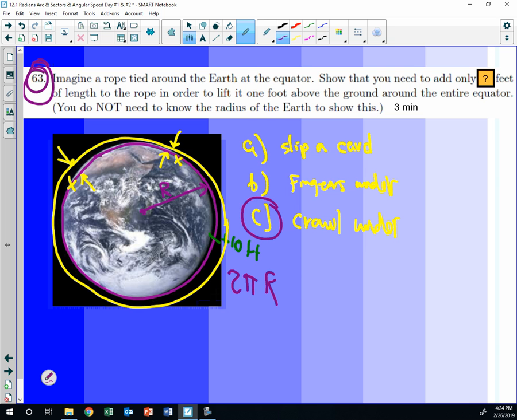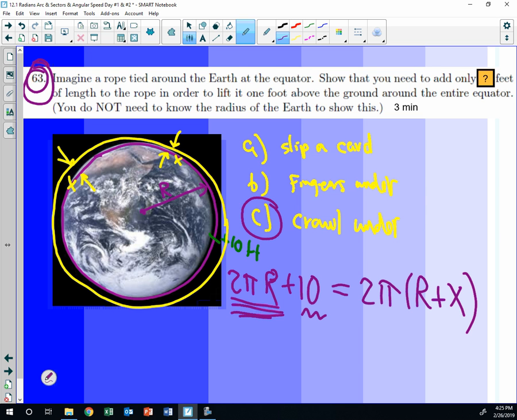Now what you're going to end up with is 2 pi r, but the new radius is going to be r plus x. So I'll say that one more time. You start with the purple, and you're going to add 10 feet. That's going to make the radius x larger. Just a little bit, we don't know.